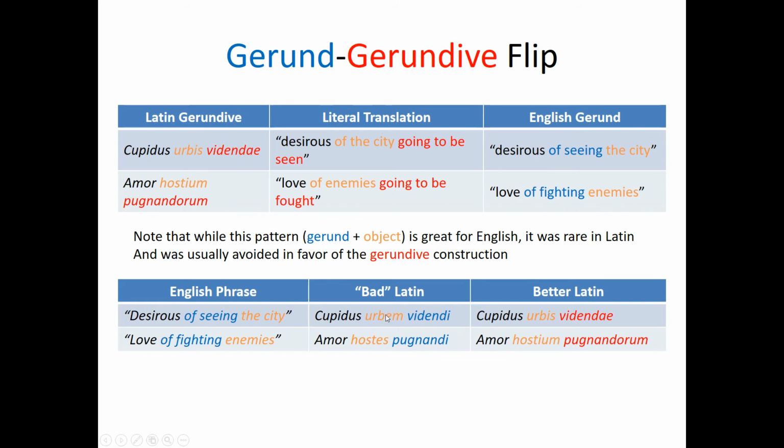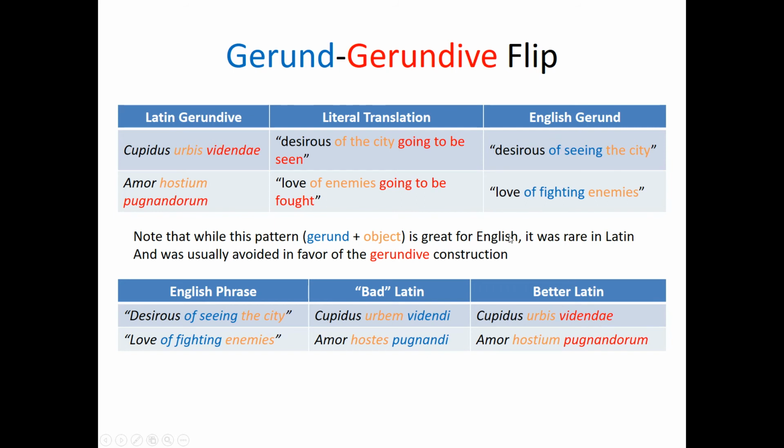They would much rather, if they were ever going to write this, change it so that instead of having a gerund in the case that you want it to be, desirous of seeing, you say desirous, and then whatever the thing is, in this case, the city, put that into the new case that you need, the genitive, and then have a gerundive modify this.